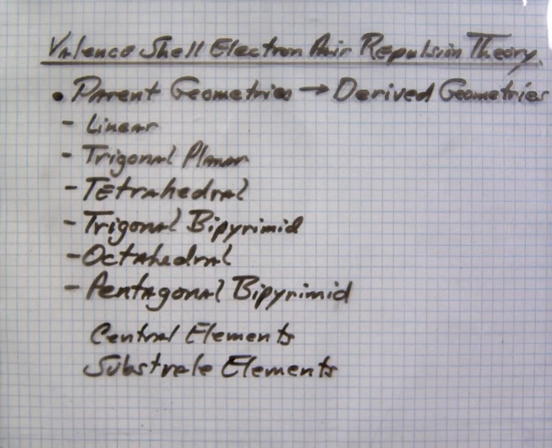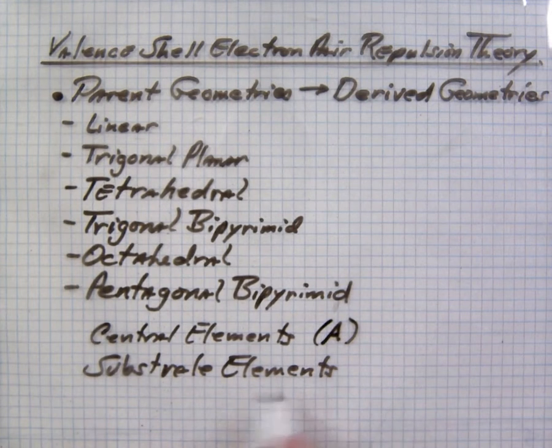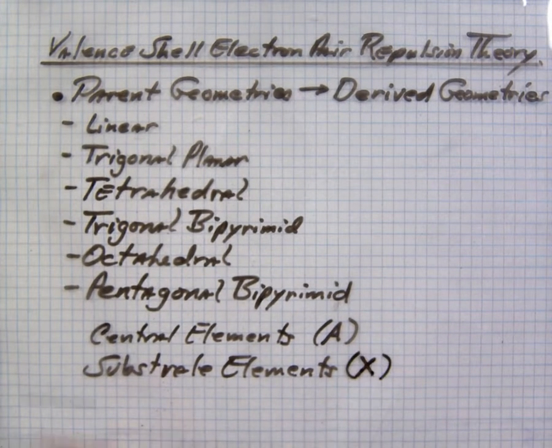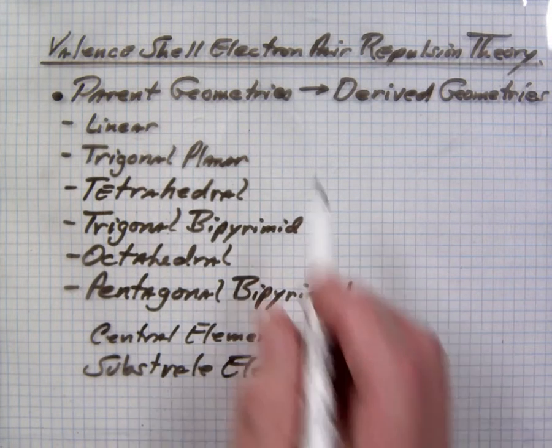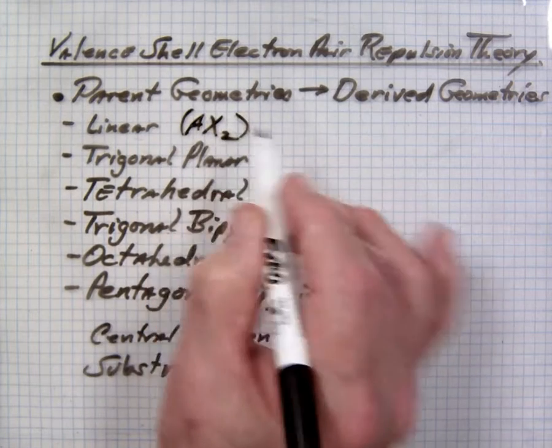The central elements are generically represented as a capital A, and the substrates are represented as, say, a capital X. So if we wanted to identify a linear molecule, you would have a central element with two substrates like this. You would have an AX2 molecule.